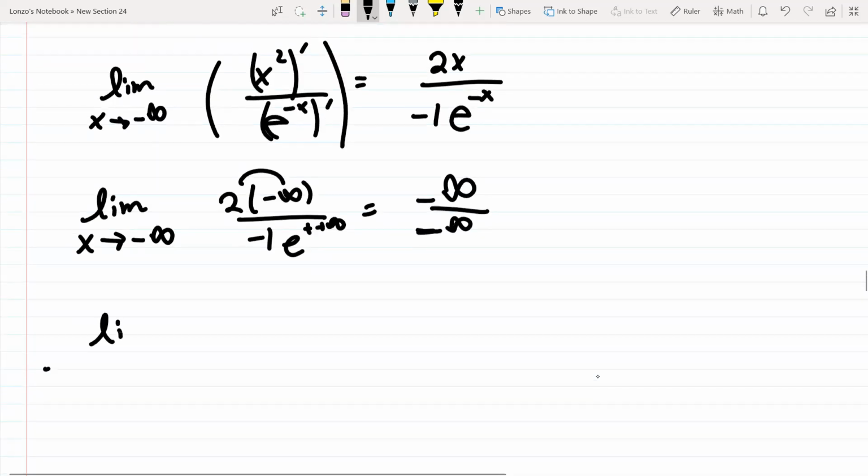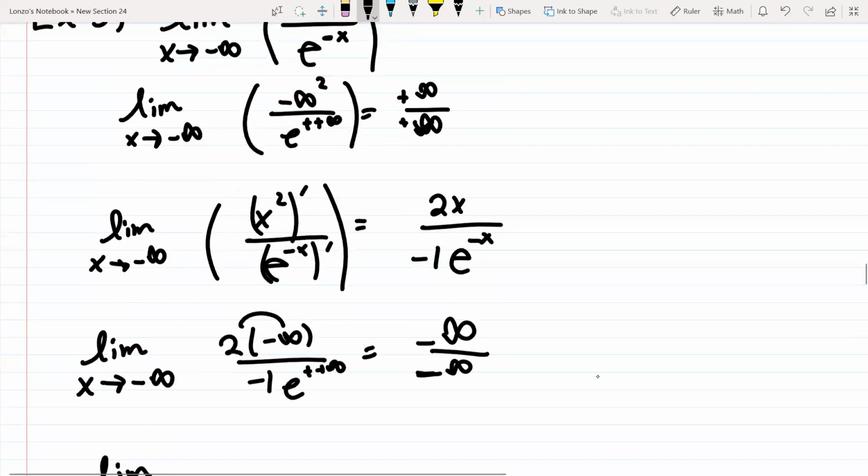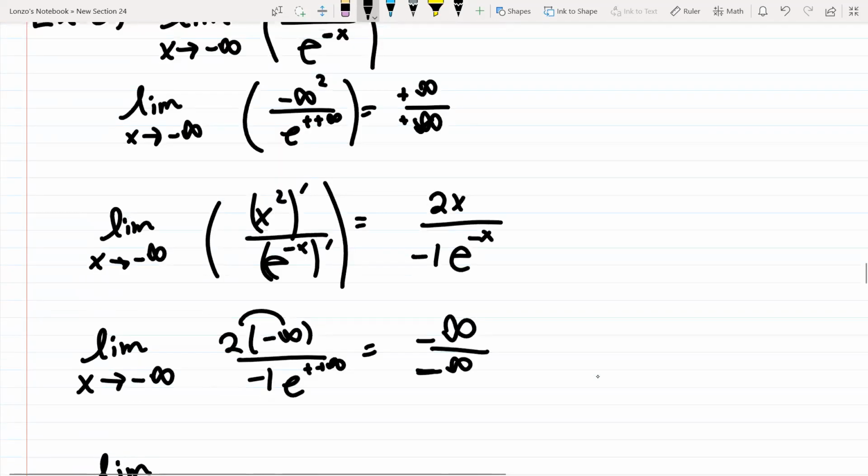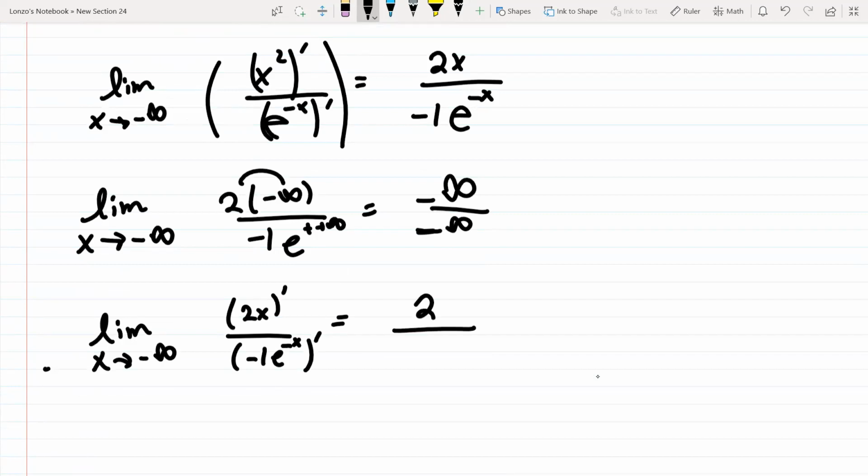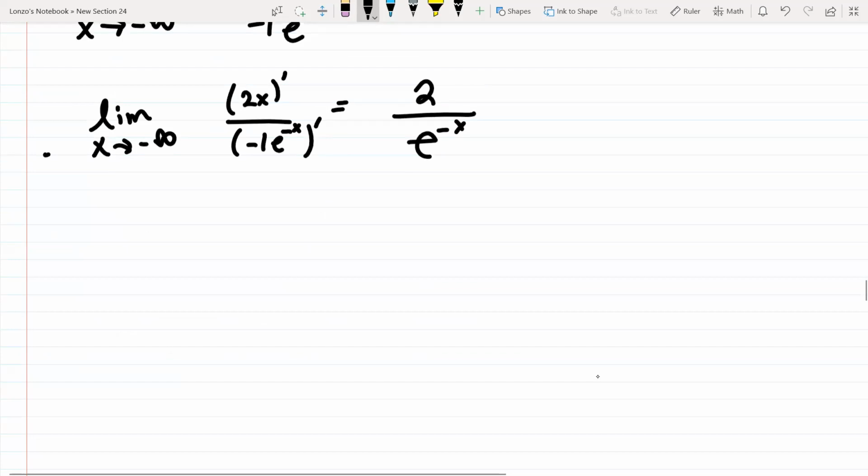So the limit as x approaches negative infinity of, not x squared, but 2x. So it's going to be the derivative of 2x on the numerator, and on the bottom, negative 1 e to the negative x derivative. The derivative of 2x is 2, and then this would be e to the negative x. So what is the limit of that?